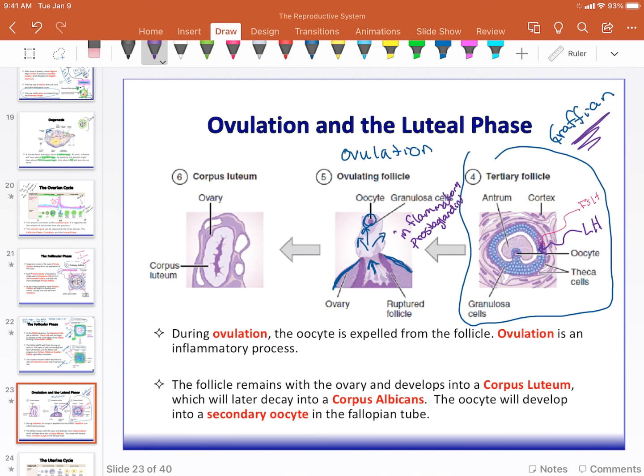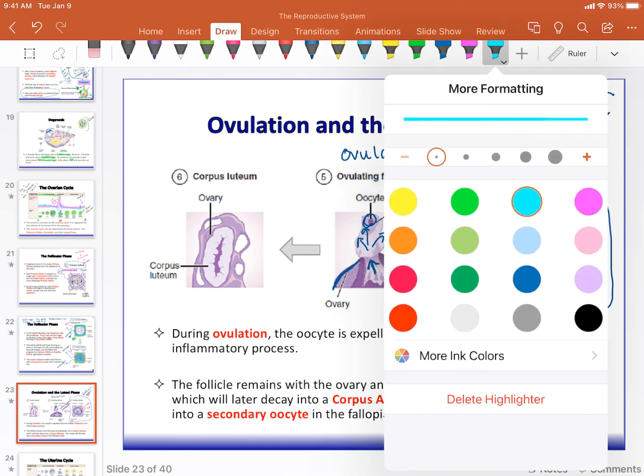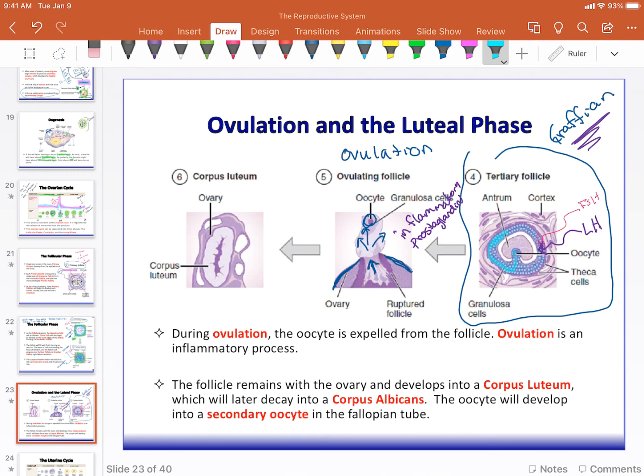Now, we're going to proceed from there into the luteal stage, and what happens is these cells, okay, most of these cells, let me kind of highlight them all. These cells and the theca cells, okay, all of these cells are left behind, okay? And these cells convert into the corpus luteum. And the corpus luteum is going to specialize in the release of another very important hormone known as progesterone, or the pregnancy hormone.